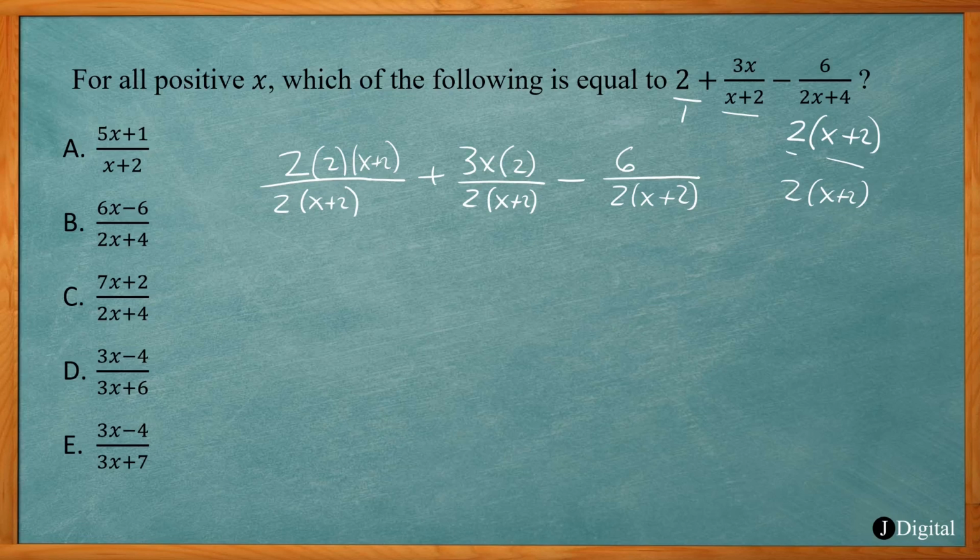Once you have a common denominator, we just add the numerators together. So the first one is 2 times x plus 2, which is going to be 2x plus 4. Second one, 3 times 2 is going to be 6. And then our third one will stay the same.